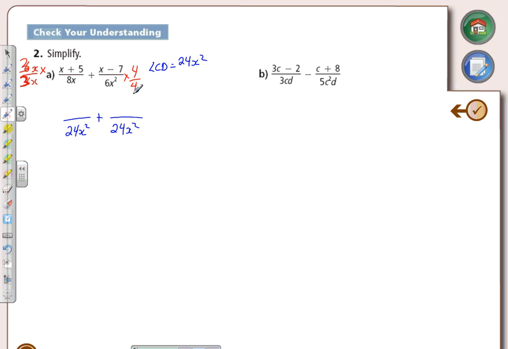And then we need to remember that there are always brackets around every numerator and denominator so that we are going to be distributing it. I'll rewrite this. 3x over 3x. And distribute that in.